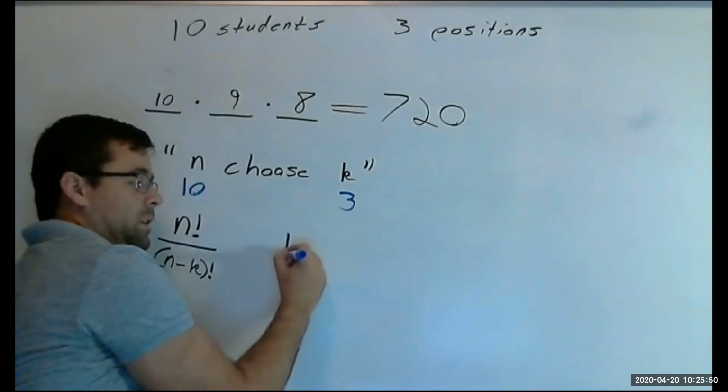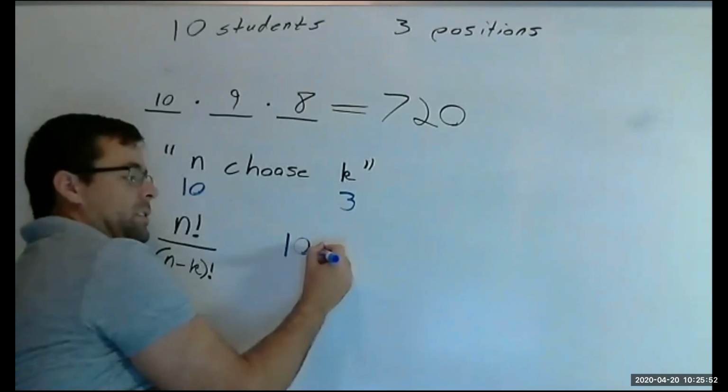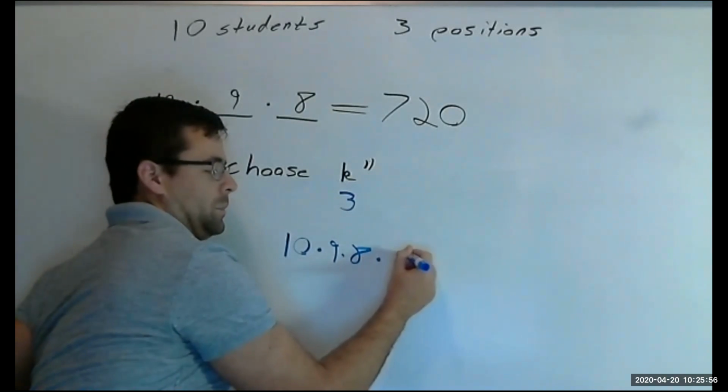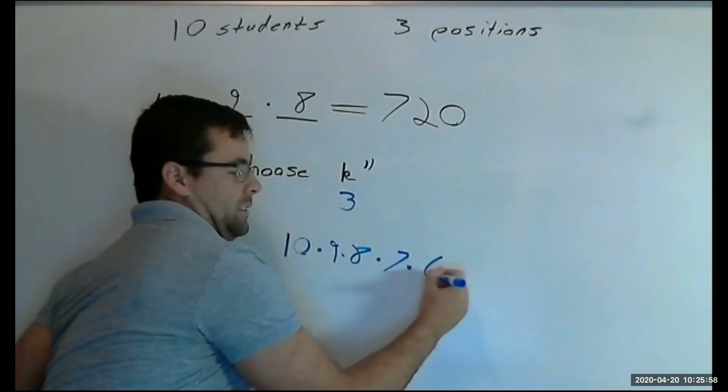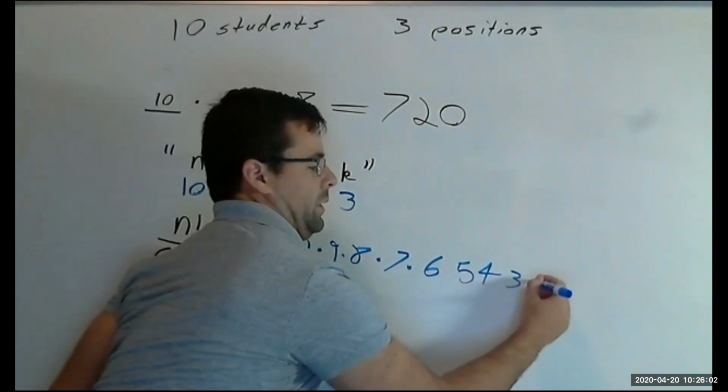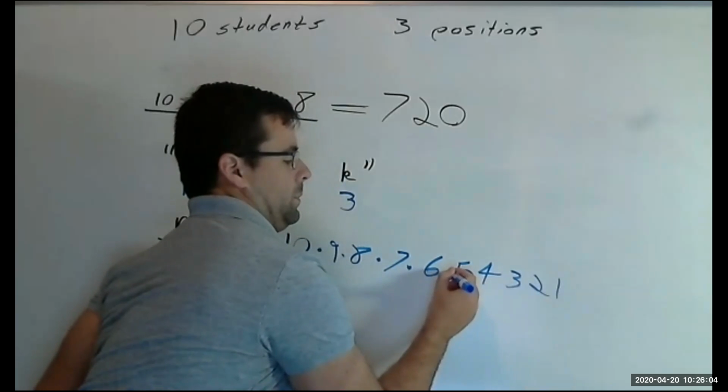So n factorial is 10 times 9 times 8 times 7, 6, 5, 4, 3, 2, 1.